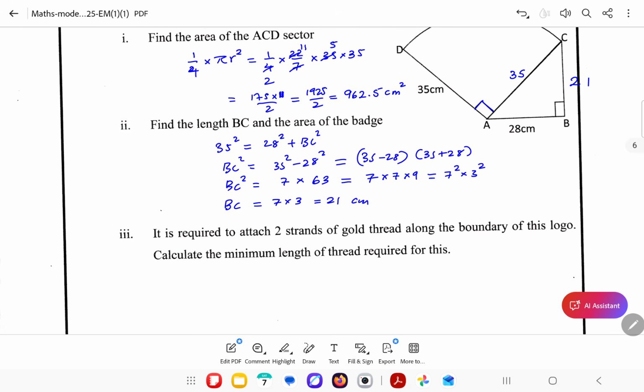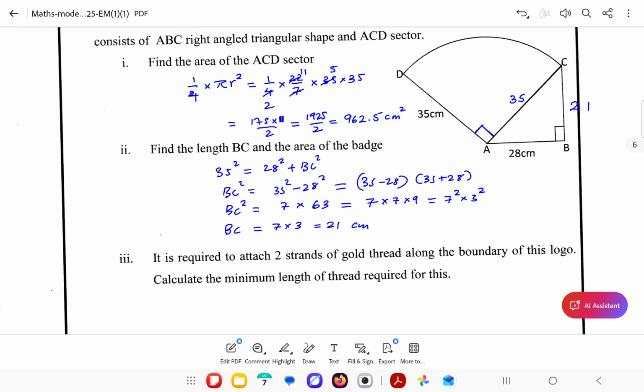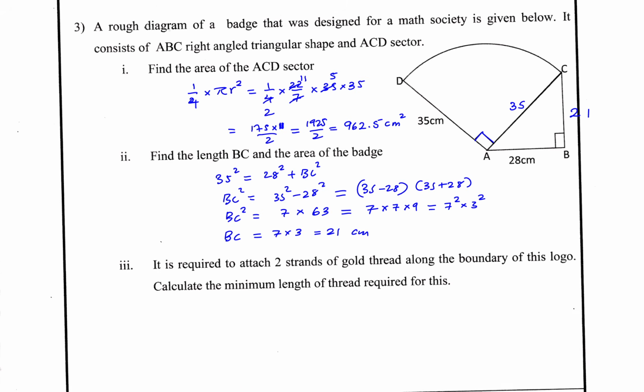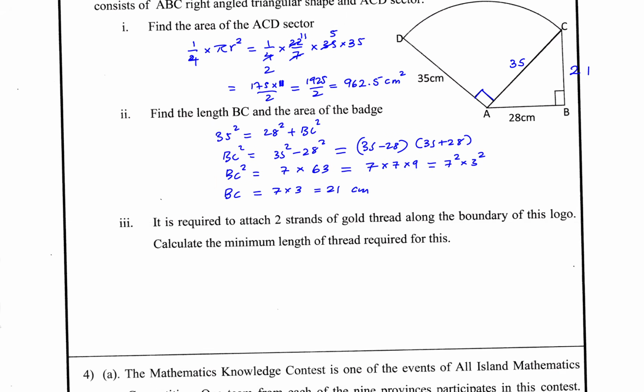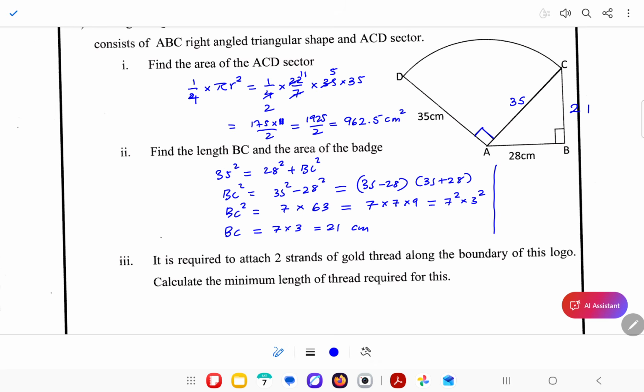Right. It is required to, no, there's one more. Find length BC and area of the batch. So then find the area of the triangle, which is what? Triangle area is half into 28 into 21. So 14 into 21, 140, 280, 294.